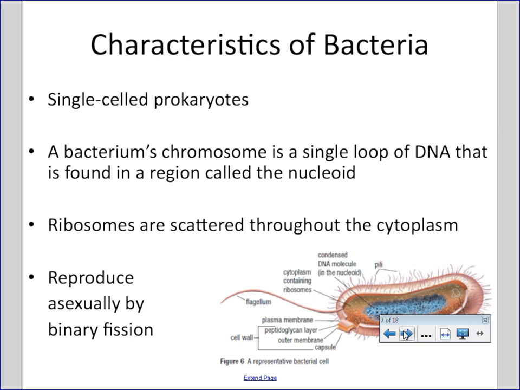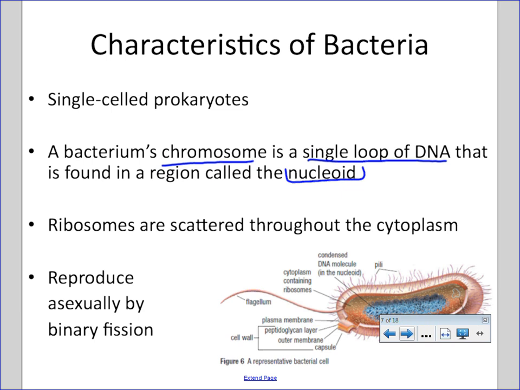So, with characteristics of bacteria, they are single-celled prokaryotes. A bacterium's chromosome is going to be a single loop of DNA that is found in a region referred to as the nucleoid.